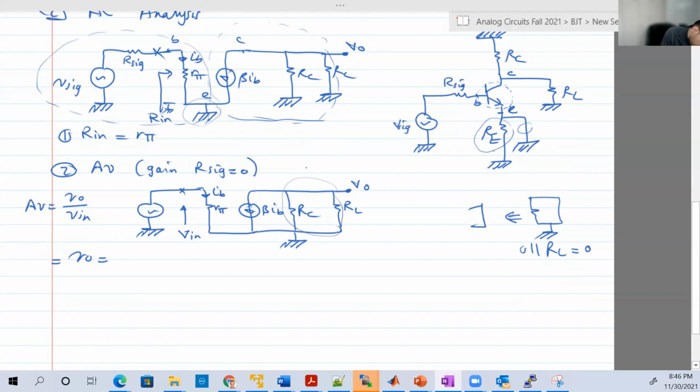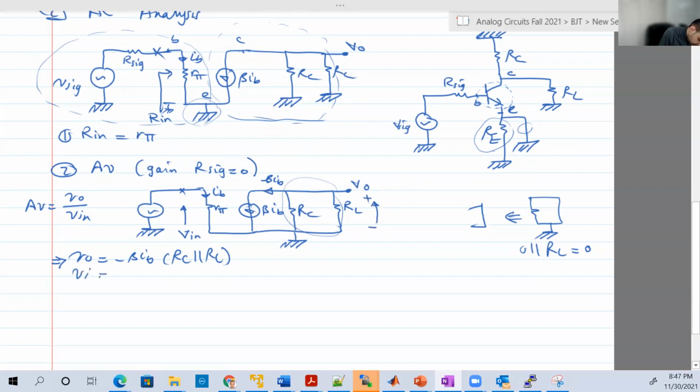This parallel combination has a current equal to beta IB. So this is equal to minus beta IB RC parallel RL, because beta IB is flowing from bottom to up, but VO is positive, negative to positive.